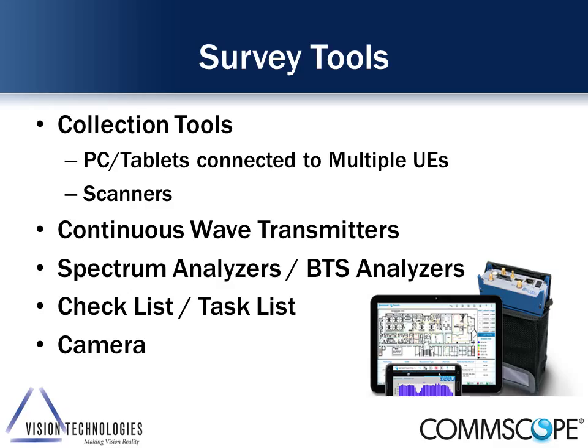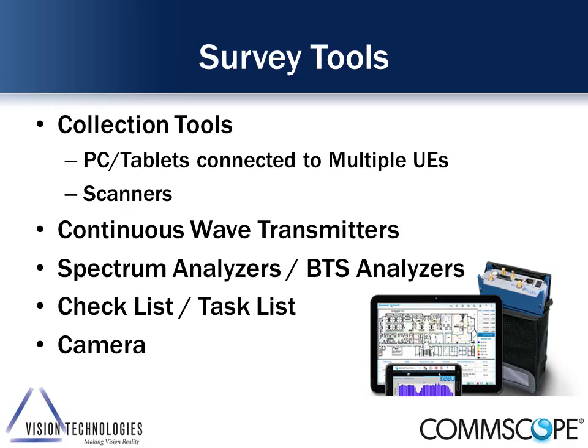And we connect multiple user equipments to those tablets. Now UEs is a fancy term for saying cell phones. So we'll use a tablet computer, connect multiple cell phones to that tablet computer, run specialized software, and record the ambient signal strengths that are within the building.